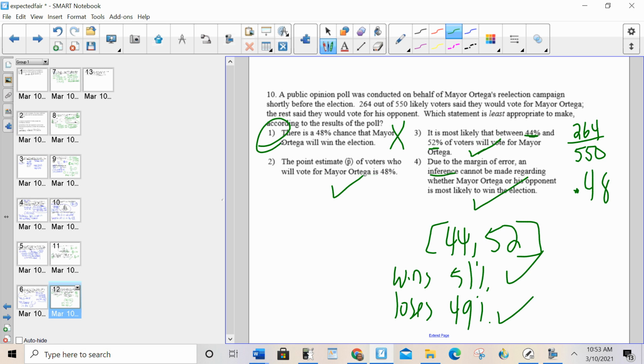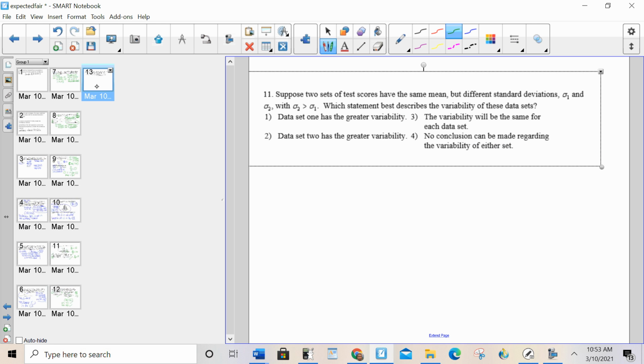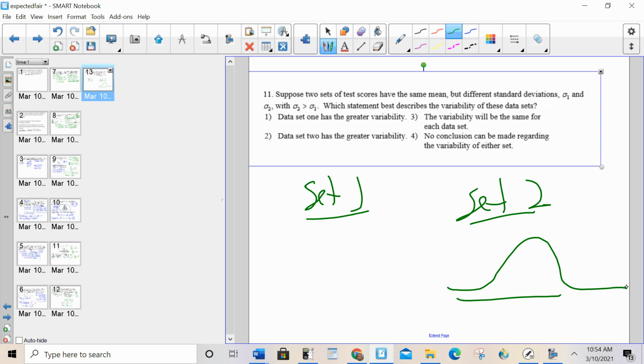And finally, the last one, suppose two sets of test scores have the same mean but different standard deviations. Which statement best, and so the standard deviation of the second one is bigger than the standard deviation of the first. Well, if the standard deviation is bigger, that means, so let's say this is set 1 and set 2. If the standard deviation is bigger in the second one, it means that the curve is going to be spread out more.